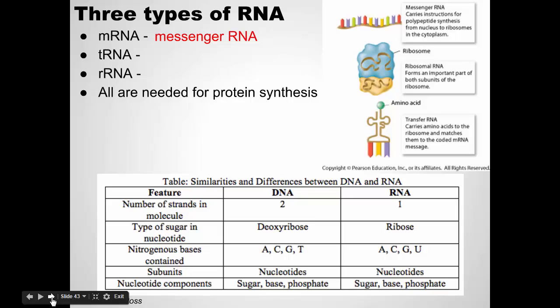And messenger RNA is what takes a copy of the recipe from inside the nucleus out of the nucleus. tRNA stands for transfer RNA.